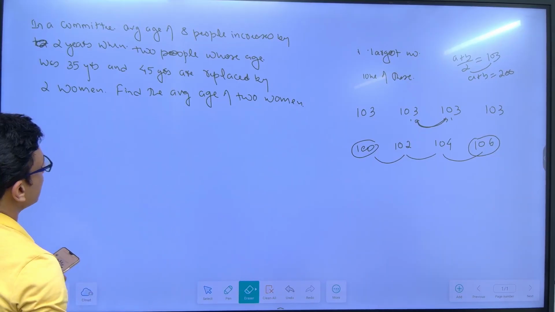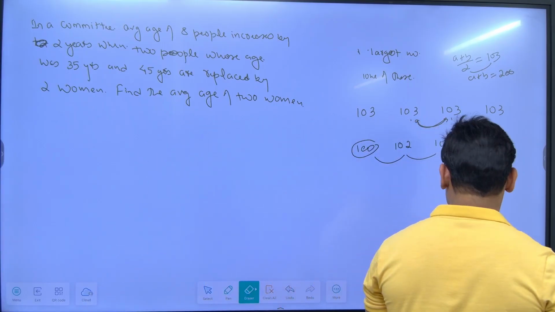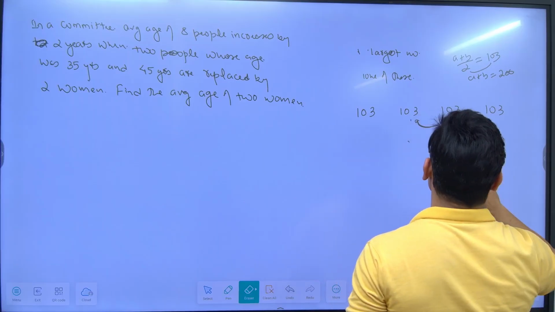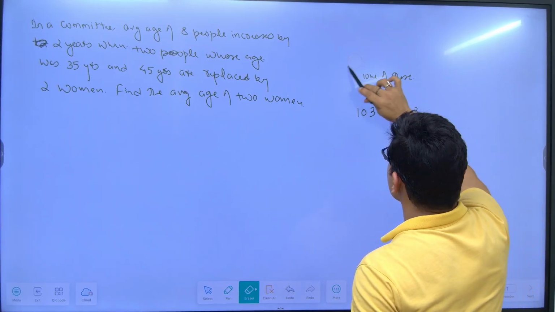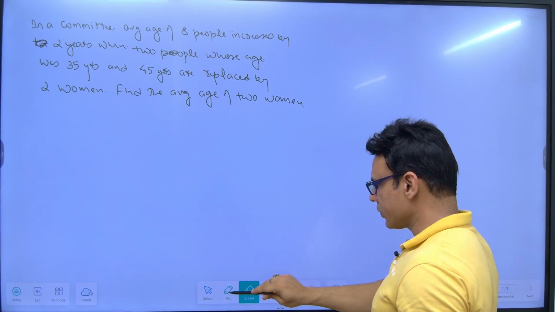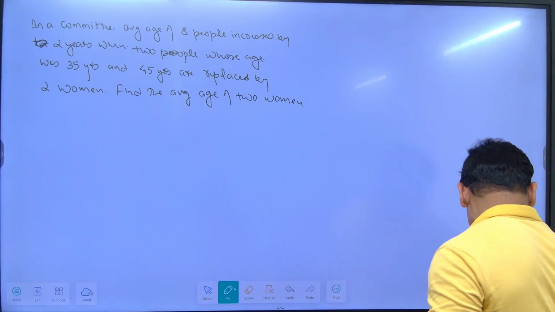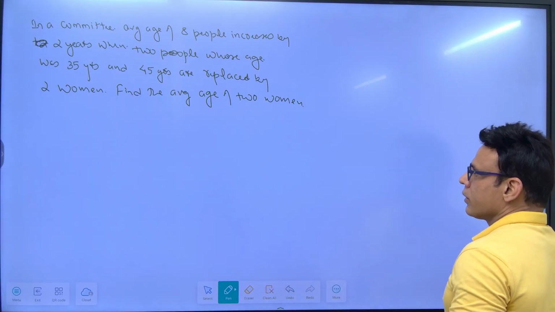Two people are leaving the group, two people are joining the group. Because of that, the average age of the group is increased by how much? Right. Try to understand this question now.